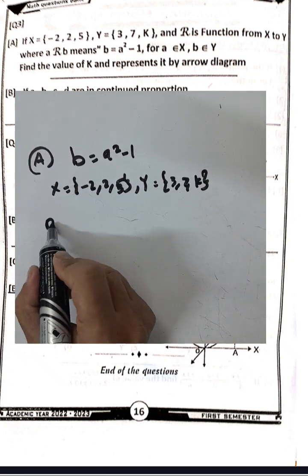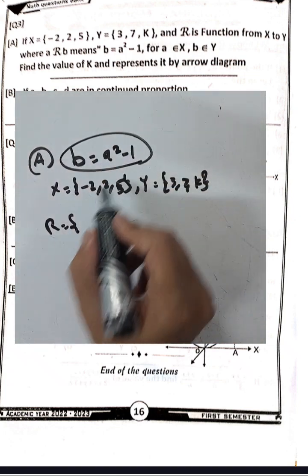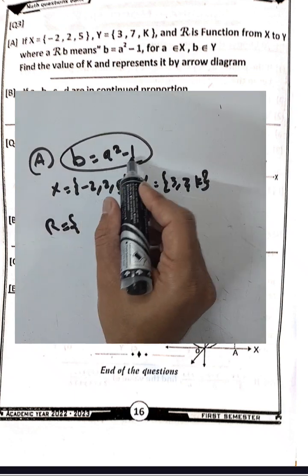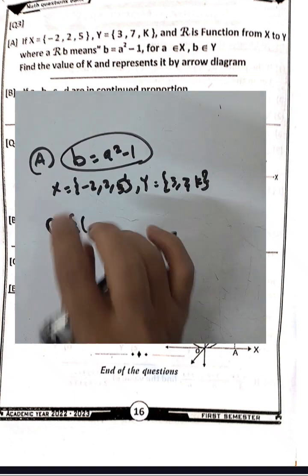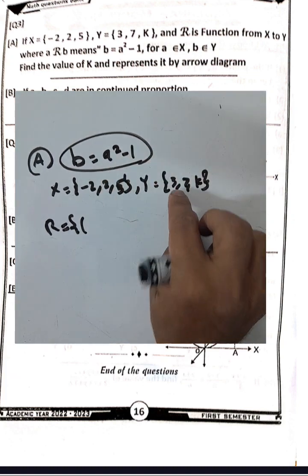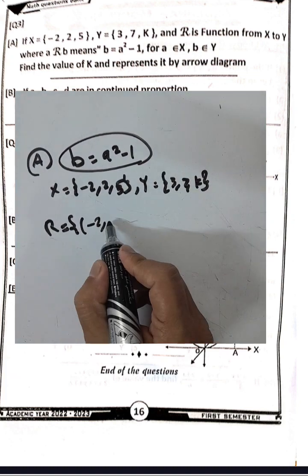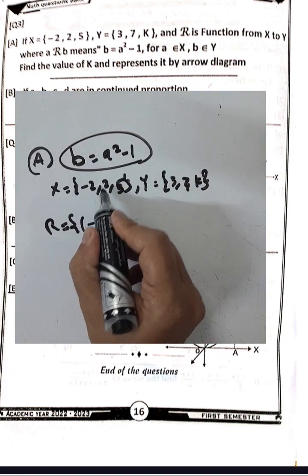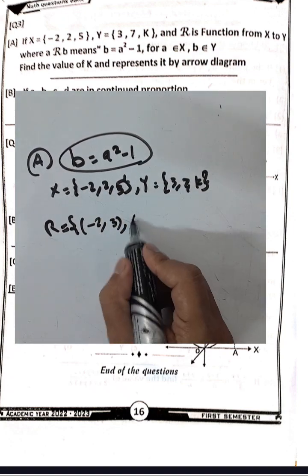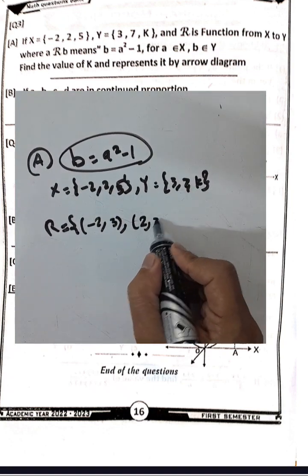Using this rule, negative 2 power 2 is 4, minus 1 is 3, so we write negative 2 and 3. Put 2 here: 2 power 2 is 4, 4 minus 1 equals 3, so the image of 2 will be 3.